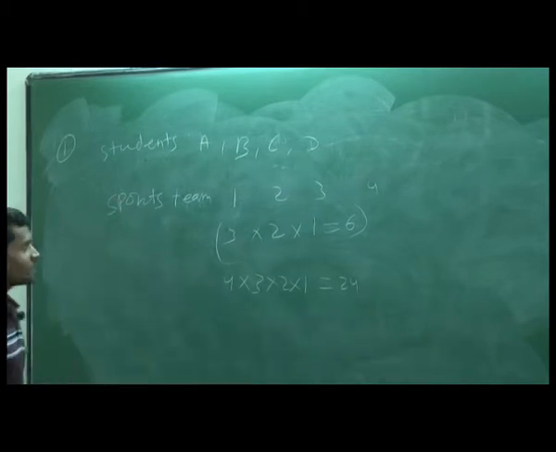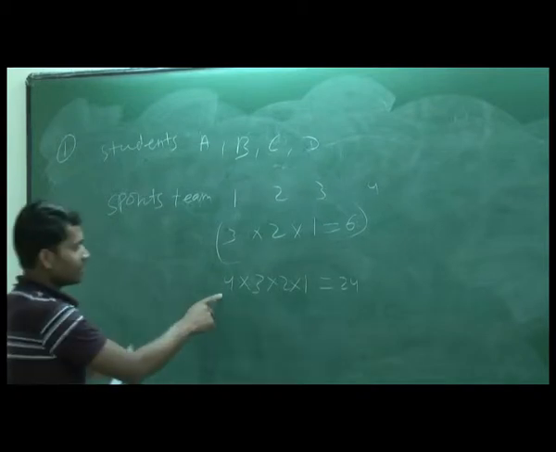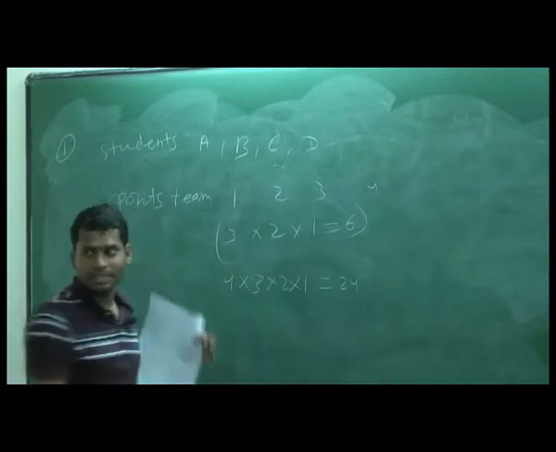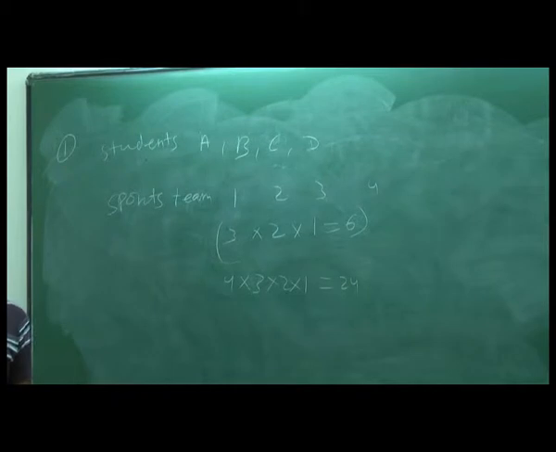So this way of writing the numbers we call factorial, because every time we would have to write a long expression. Instead of that, we can choose one symbol.